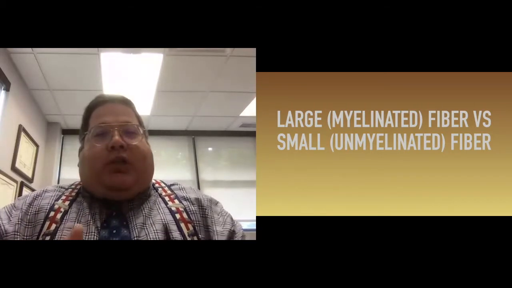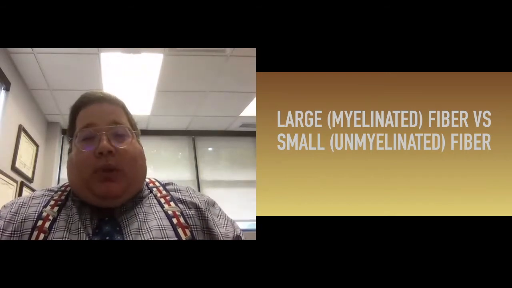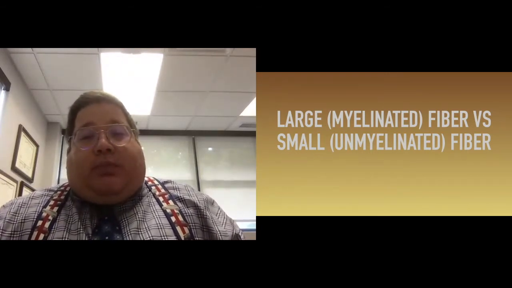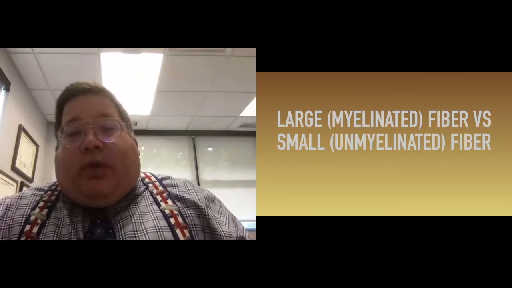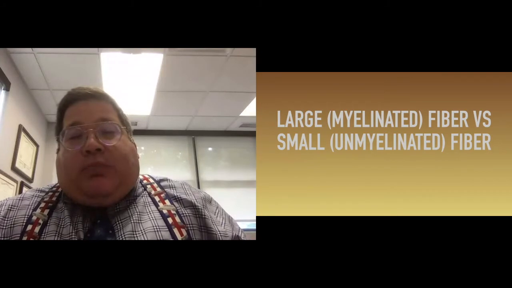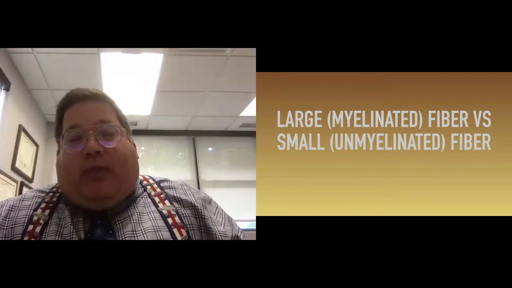So you have information traveling in both directions at all different speeds in one cable. And that's what a nerve is. It's multiple different wires. And you have large myelinated fibers that run very fast. And then we have these small fibers, which are much slower. And the small fibers tend to transmit painful signals.